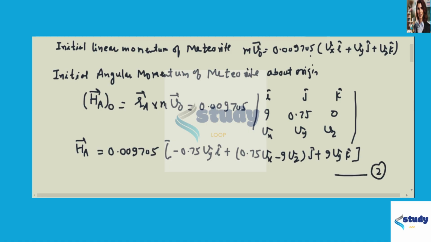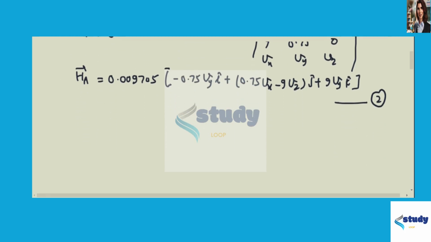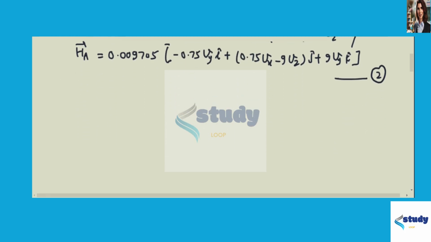Final linear momentum you can find. Since 25% is lost, it will be 0.75 m v naught.